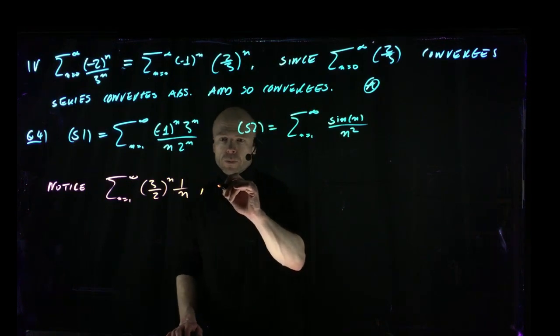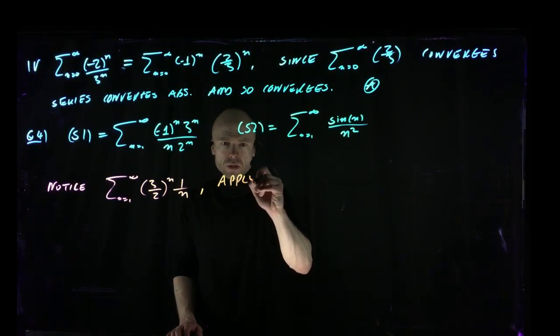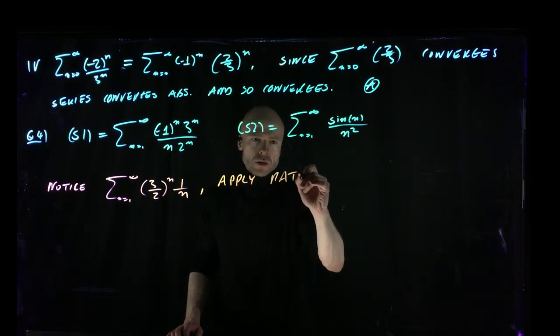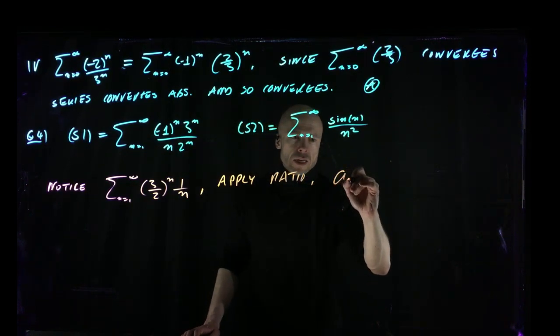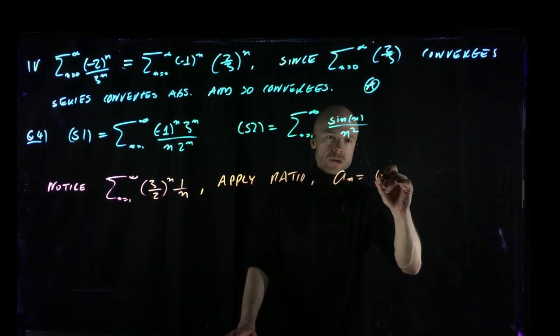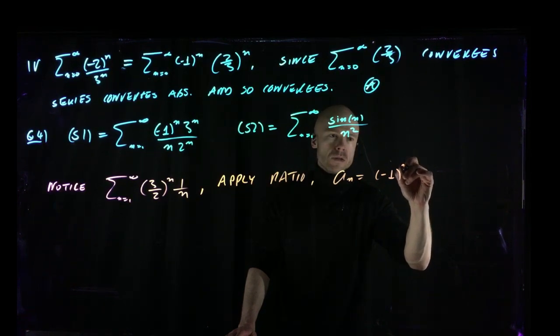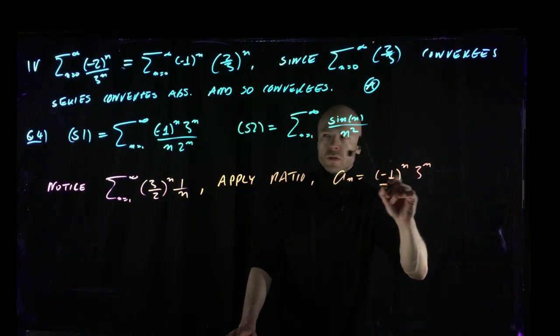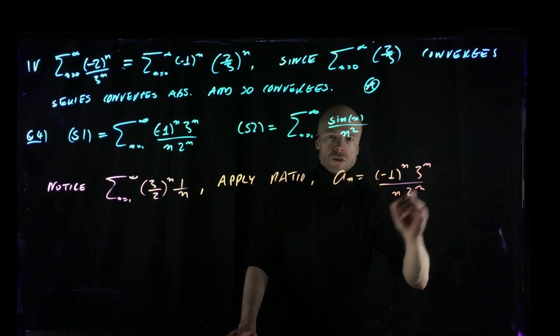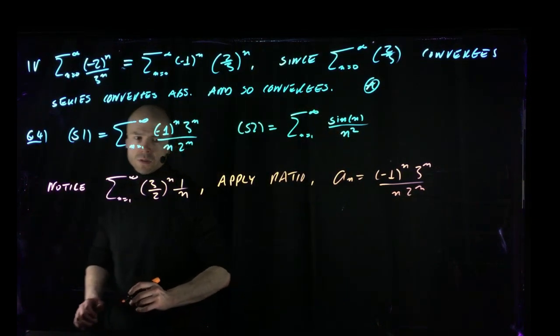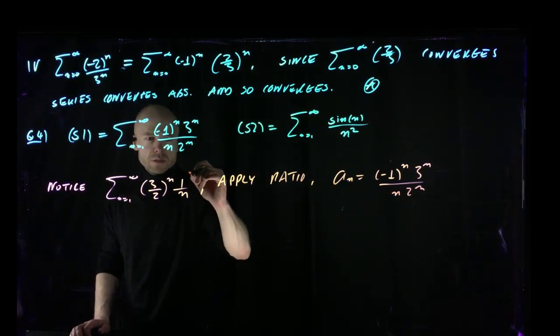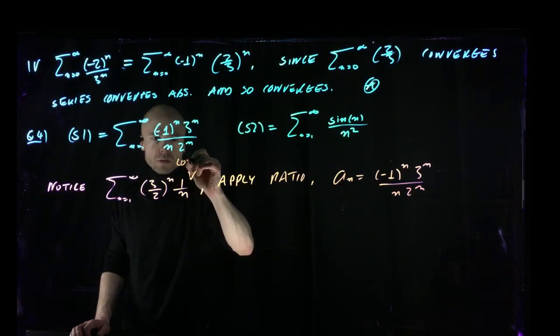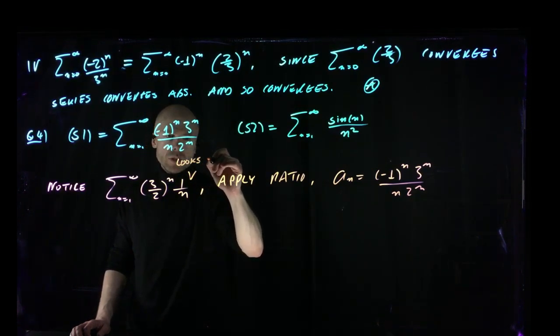So apply the ratio test, and we're going to let a_n be these terms. Okay. I should maybe write a sentence. Notice this looks geometric.